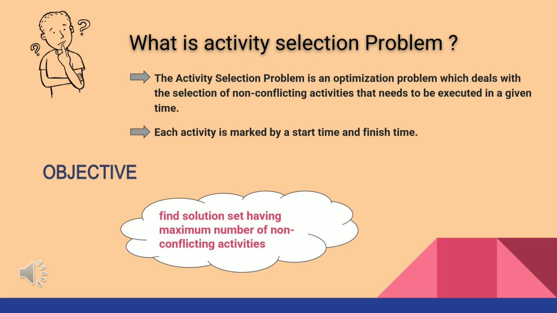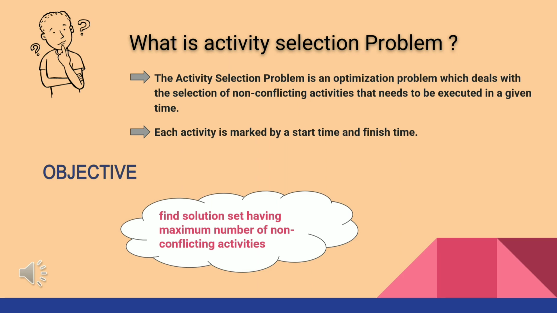The activity selection problem is an optimization problem concerning the selection of non-conflicting activities. Non-conflicting activities are those that exist together in a way that does not cause any problems between them, and they perform within a given time frame. Given a set of activities, each marked by a start time denoted as Si and a finish time denoted as Fi.